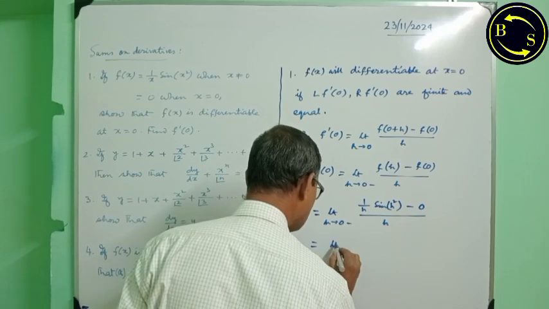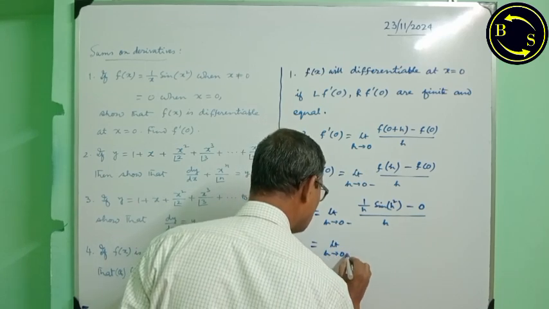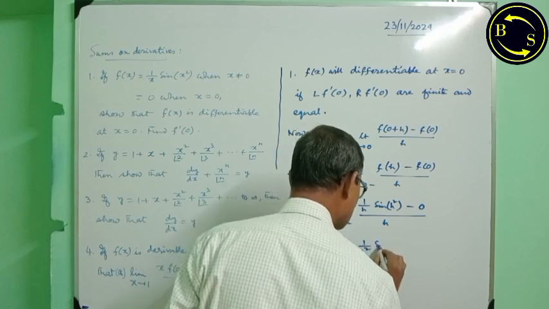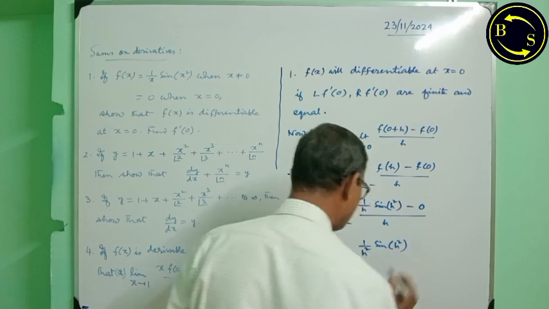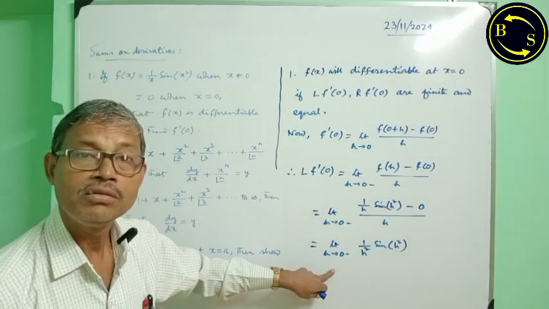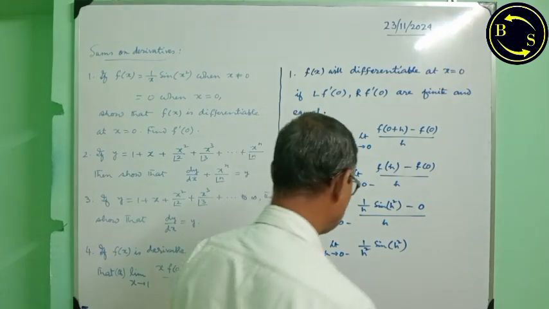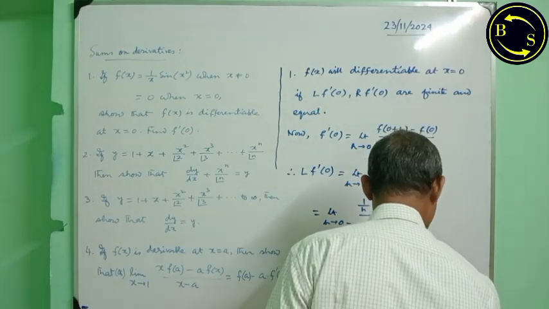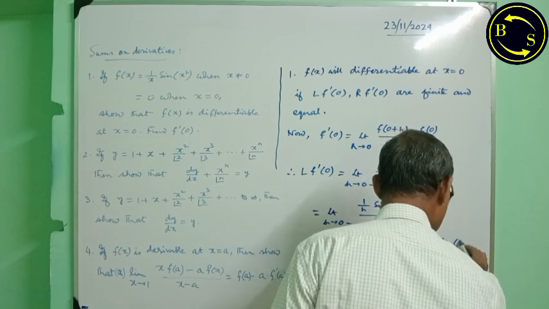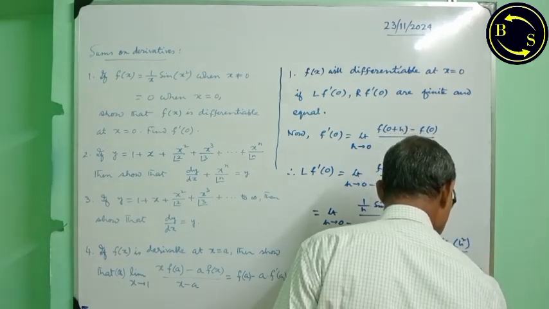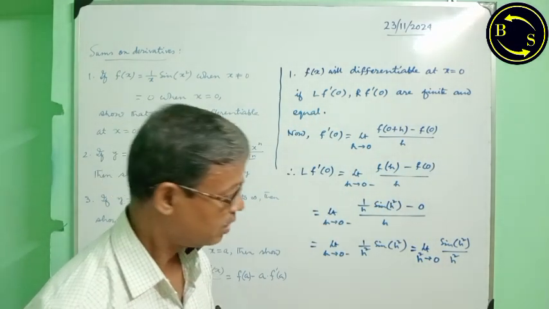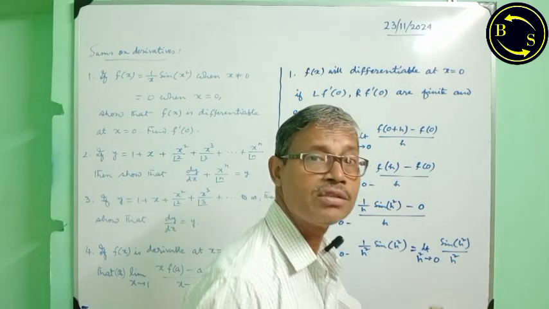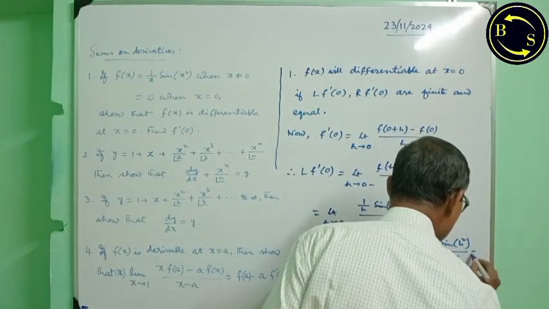That is equal to limit h tends to 0 minus of 1 by a square sine of a square. h is very small, therefore limit a square tends to 0 sine of a square by a square. Considering a square a new variable say k, limit k tends to 0 sine k by k, that is a standard limit form, that will be equal to 1.